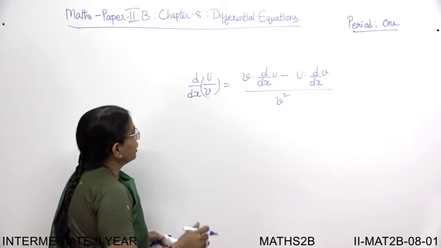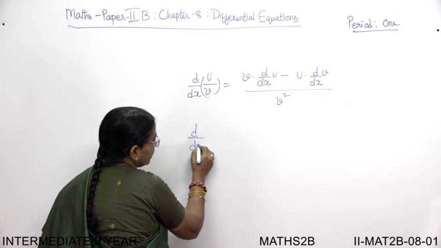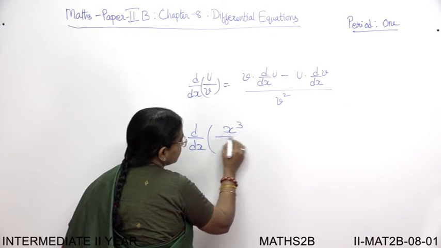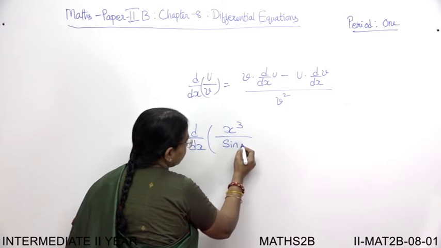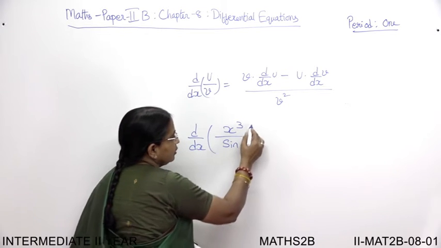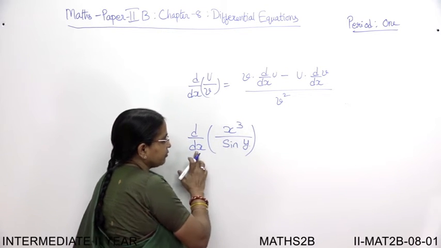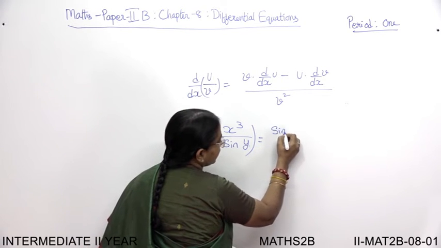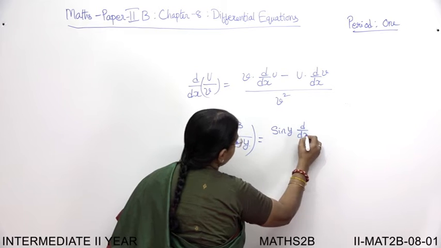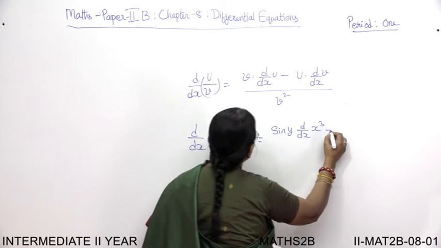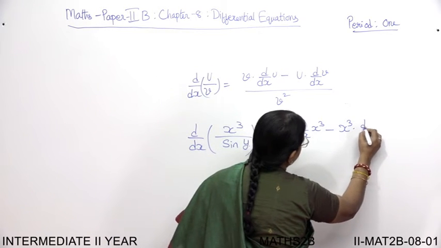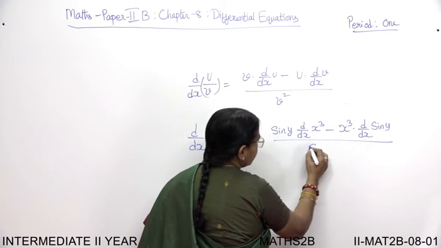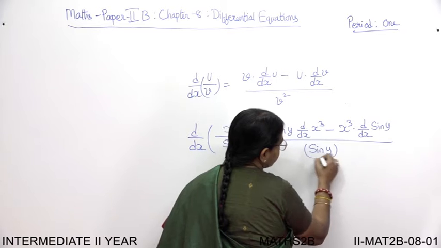Now suppose you need d by dx of x cube by sine y. How will you do it? Here the variables are different, and here it is x. So denominator into the derivative of the numerator minus numerator into the derivative of the denominator, that is sine y, by denominator square, so sine y whole square.